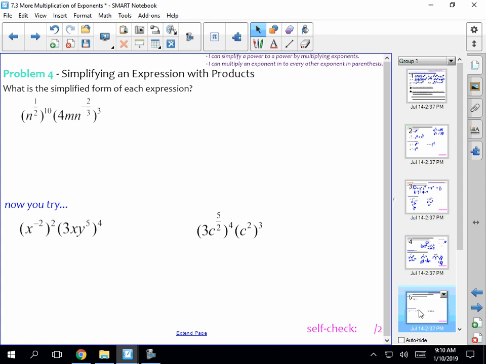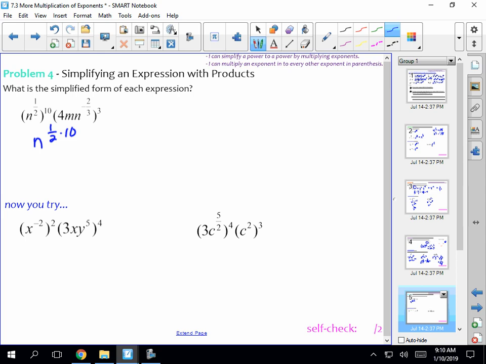Here's about as hard as they get. Simplifying an expression with products. What is the simplified form of each expression? So here I've got n to the 1/2 to the 10th. What does the rule say to do with these powers, the 1/2 and the 10th? You've got a power to a power. So we multiply the 1/2 times 10.